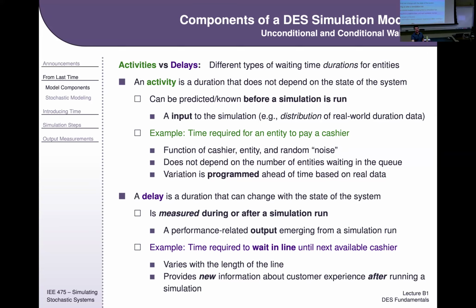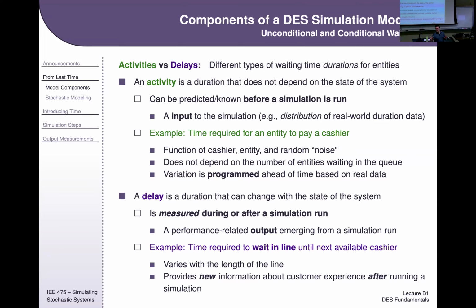Did you arrive first? Did you arrive last? Was it at lunch? There are all these other questions that you have to ask, and these questions often will have to do with other customers at the bank. If one entity's experience is affected by the experience of another entity, then we're probably talking about a delay.